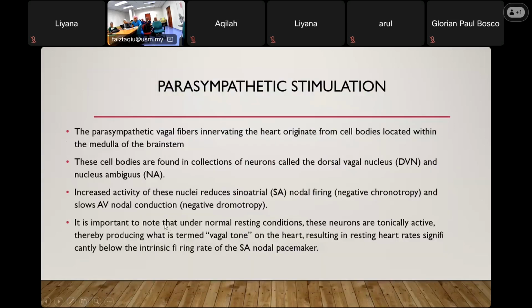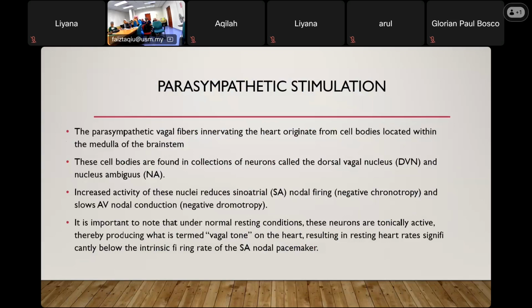For parasympathetic stimulation, the parasympathetic vagal fibers innervating the heart originate from cell bodies located within the medulla of the brainstem. These cell bodies are found in collections of neurons called the dorsal vagal nucleus and nucleus ambiguus. Increased activity of these nuclei reduces SA node firing, which gives negative chronotropy, and slows AV node conduction, negative dromotropy.